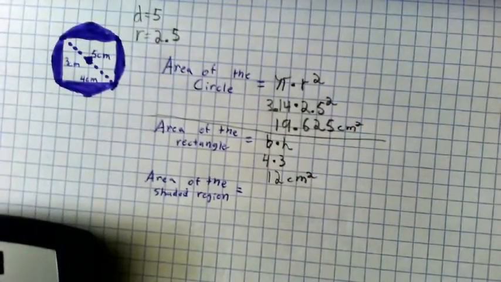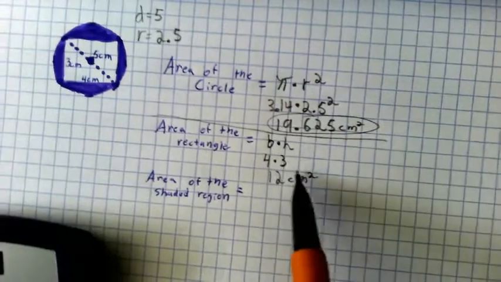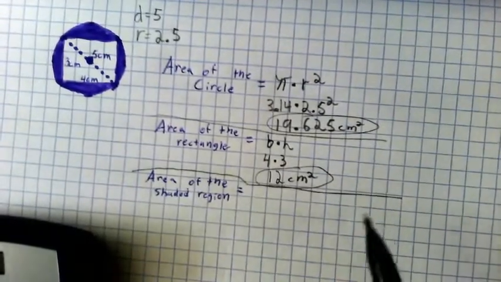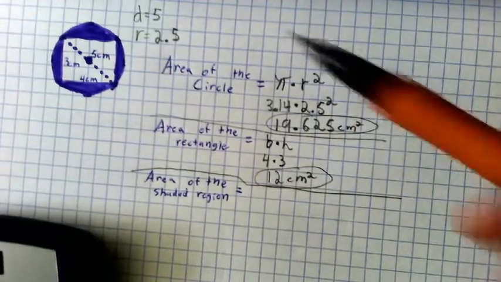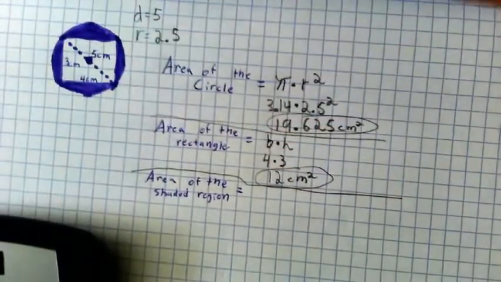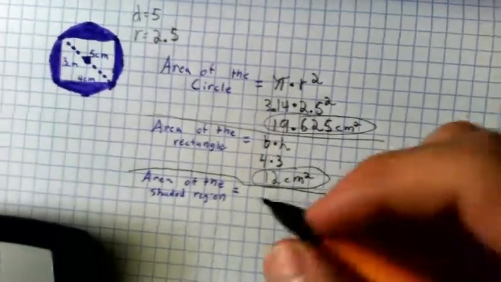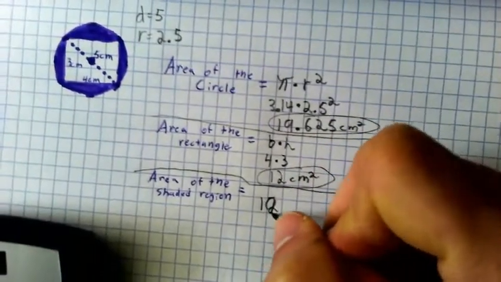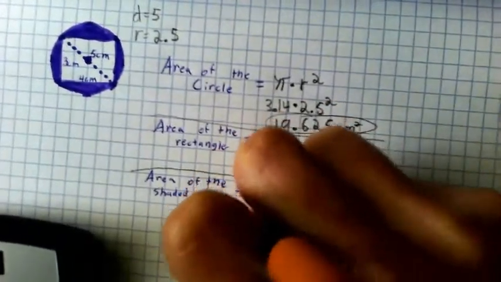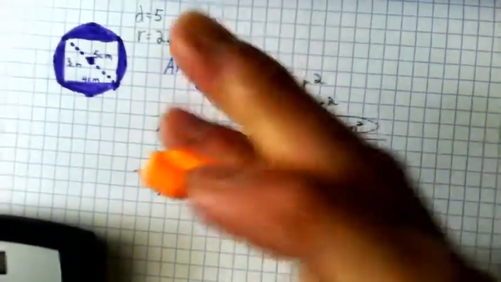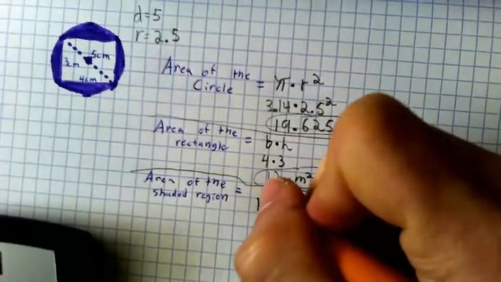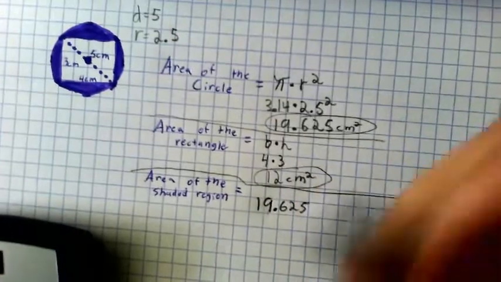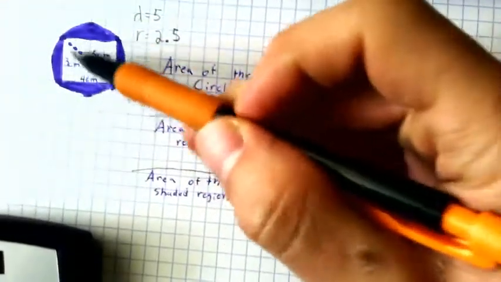Okay, circle these two answers, and my last problem is the area of the shaded region. So to figure out the area of just the shaded region, I'm going to have to do some subtraction. So I'm going to take 19.625, which is the area of the entire circle, right? 19.625, and I'm going to take away or subtract the area of the rectangle.